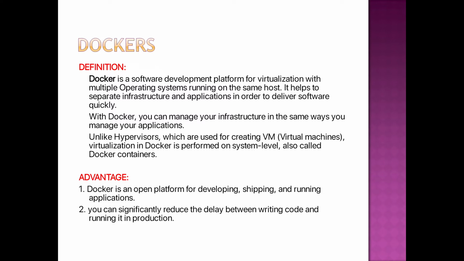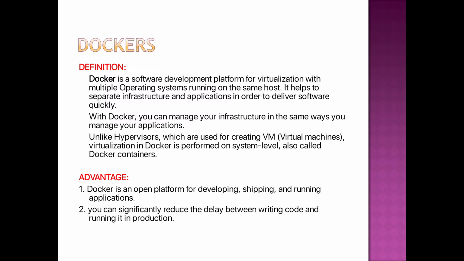Within a single system, if we have multiple operating systems, we have to provide access to the system resources to each and every operating system running on the same host. With Docker, you can manage your infrastructure in the same way you manage your applications.